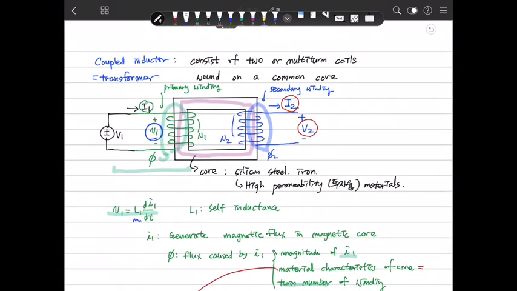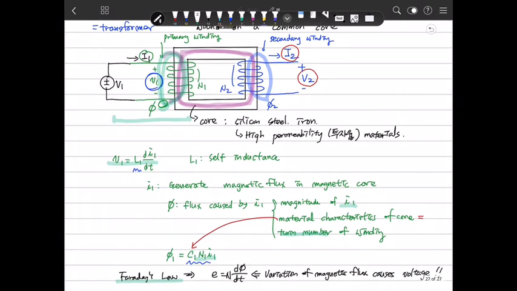The flux generated by the primary winding is partly coupled, going to the secondary winding in this way. But some does not go to the secondary winding; it makes a loop in this way. This flux is not common with the secondary winding, so we need to distinguish it.